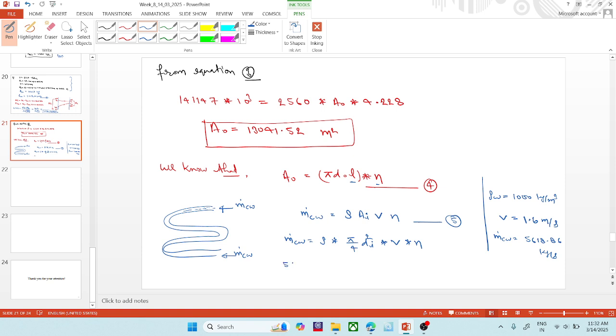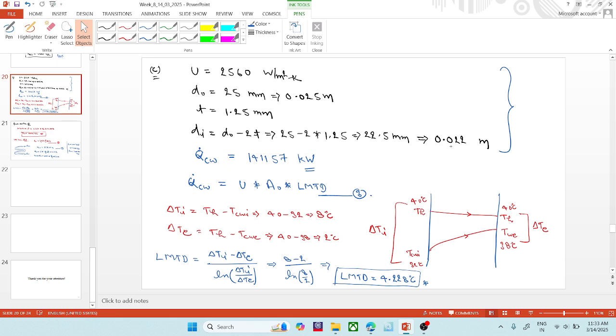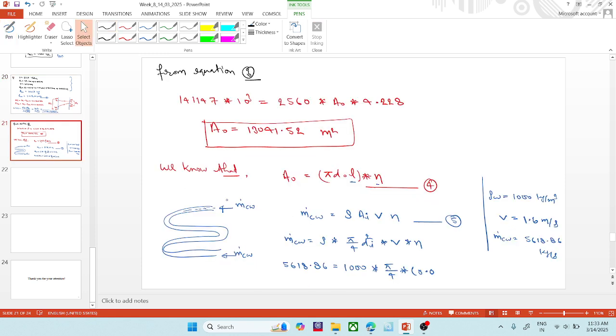So I will write the values here. 5618.86 equals rho, 1000, into pi by 4, into Di, which we have determined earlier in this problem, and the Di value is 0.0225, square, into velocity 1.6, into n, which we have to determine.